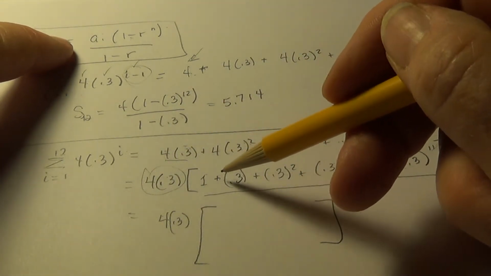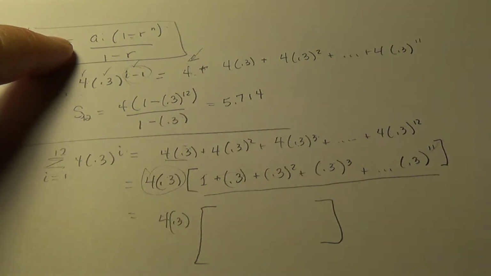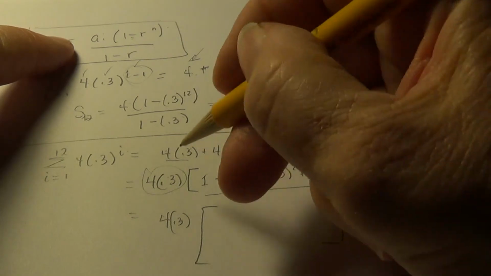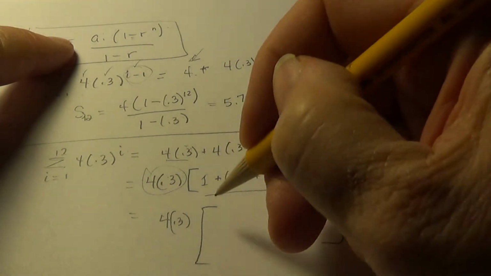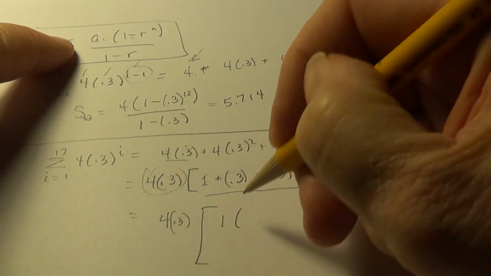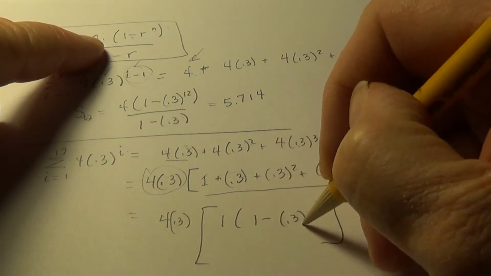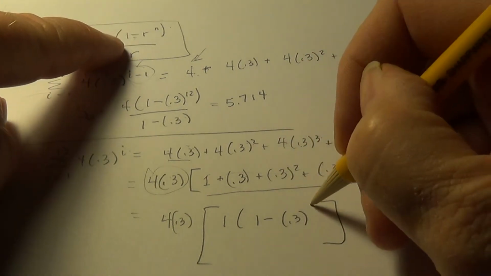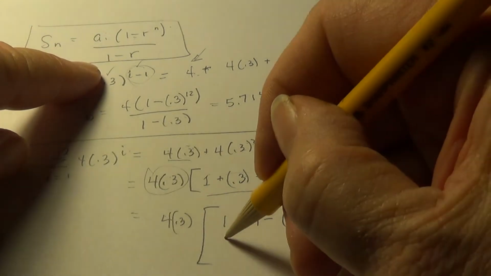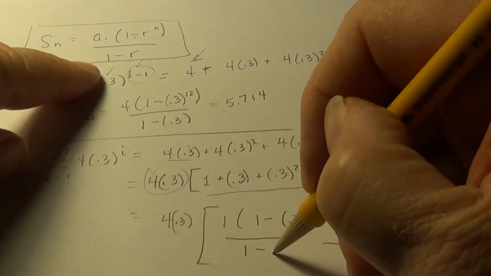So what was our first term when we did that? The first term was a 1 in this bracket, and then in parentheses, 1 minus our common ratio of 0.3. There were still 12 terms in that box, so we'll still use 12, over 1 minus 0.3.